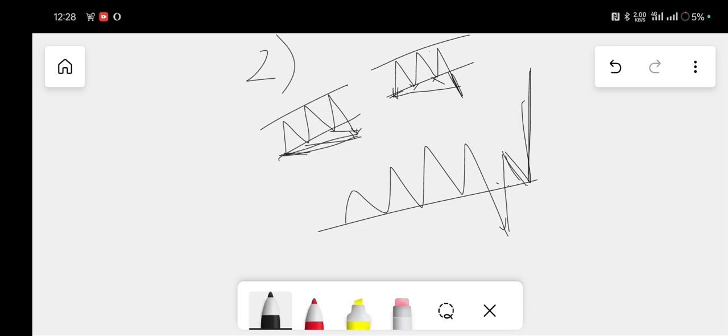Are you getting me? So that's just it. Both are continuation patterns. It's a good breakout that retests. One is the one that sits on the same resistance and support, while the other one is not seen at the same support or resistance, but both of them still went into the trend to continue.